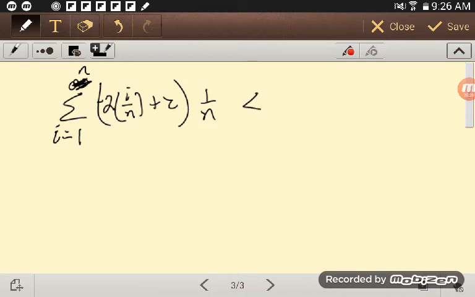For every n, our area was greater than that.